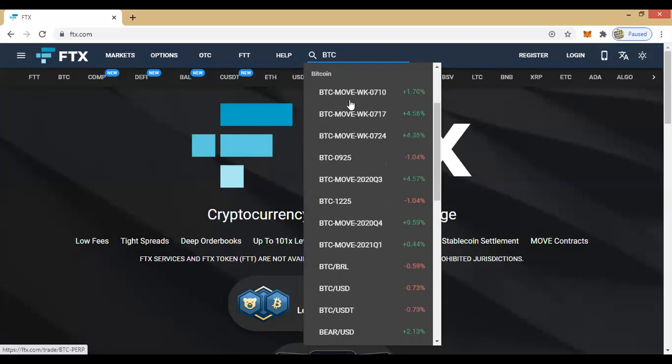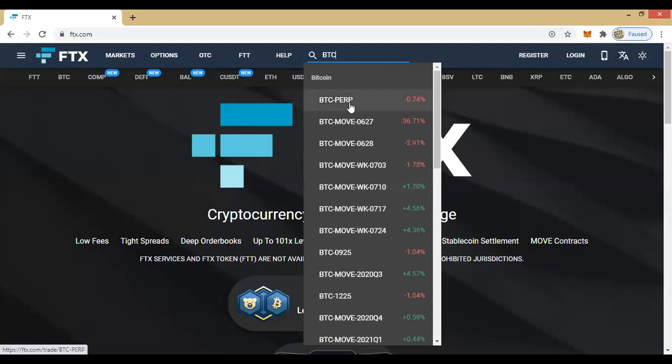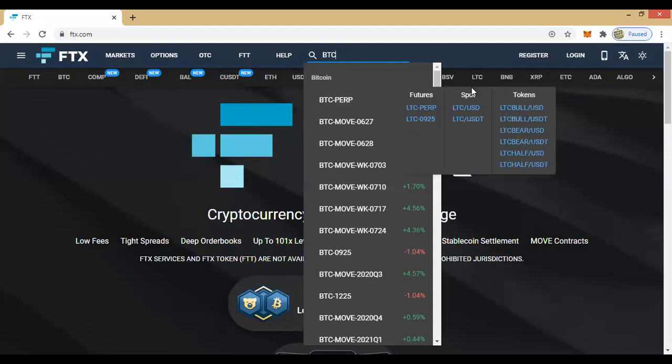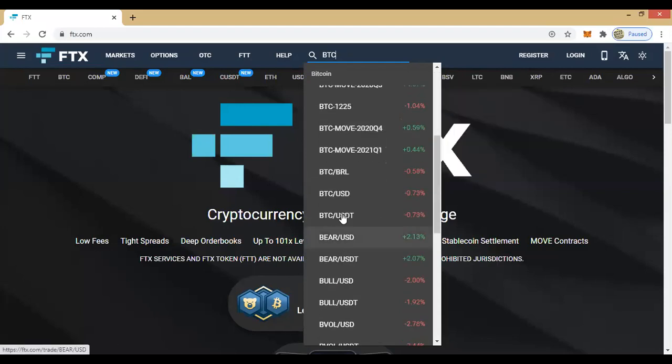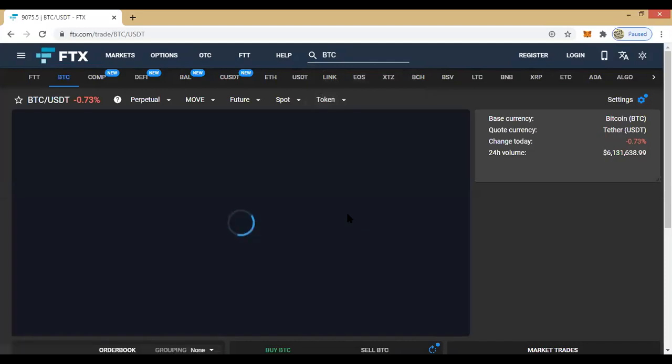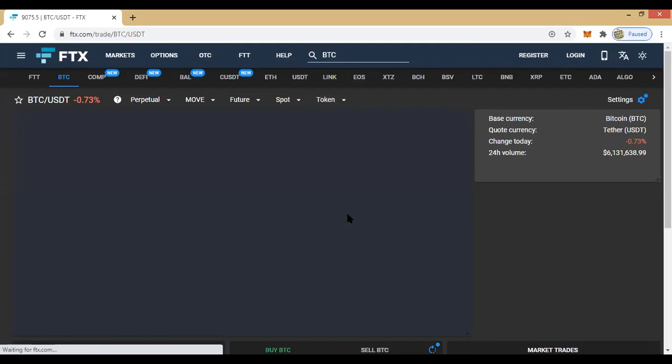We'll be looking at BTC perpetual contracts. Okay, or maybe you could even choose another. Okay, BTC USDT. So this is the coin we'll be using for our analysis tonight. I'm waiting for it to load.